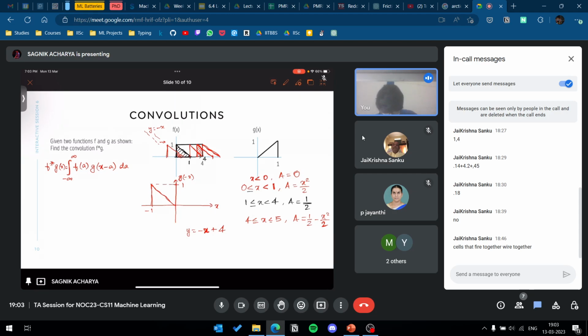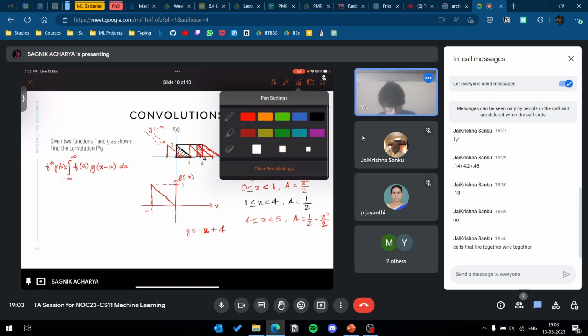So yeah, I mean this height will be again x, right? Then we'll have again the area of this part, so actually it's not x square by 2. This is where I made the mistake.